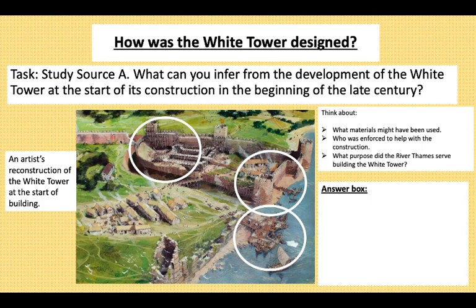So you can see that I've added in some circles just to help you concentrate on which parts of the source I think you'd need to focus on. When you've thought of some ideas, can you jot down some notes in this answer box for me, please? So if you want to pause the video and spend about 5 minutes coming up with your ideas for me.